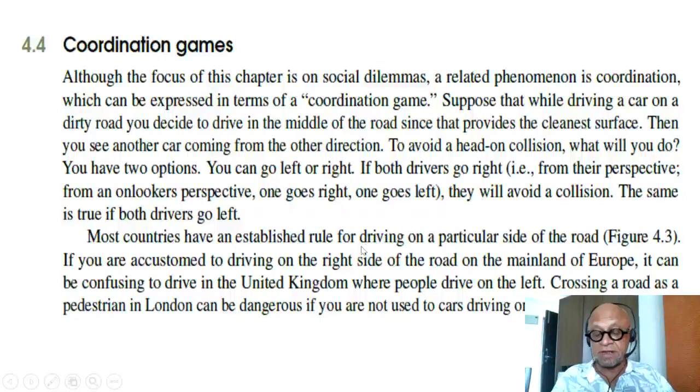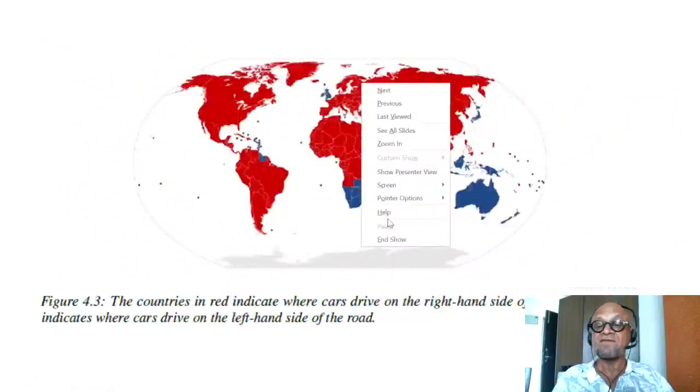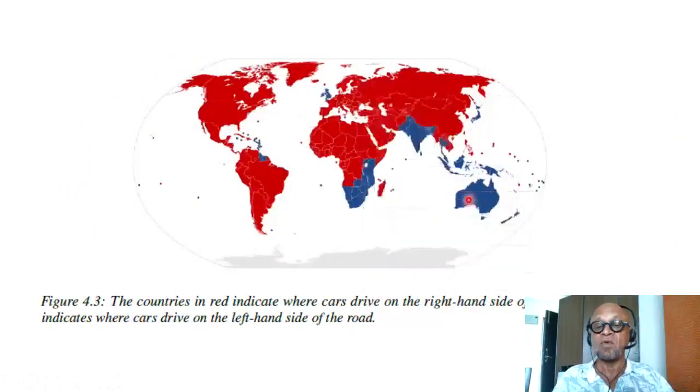So let's look at the countries that allow driving on one side. So we have all the reds. The countries in red indicate where the cars drive on the right side of the road.